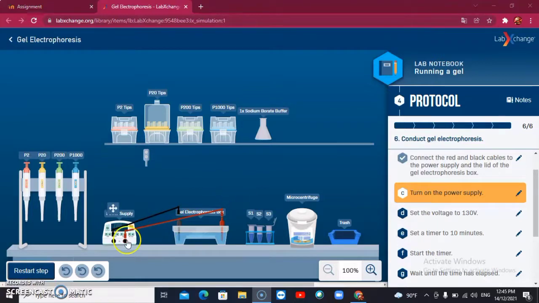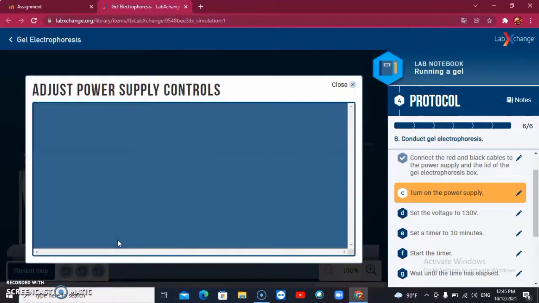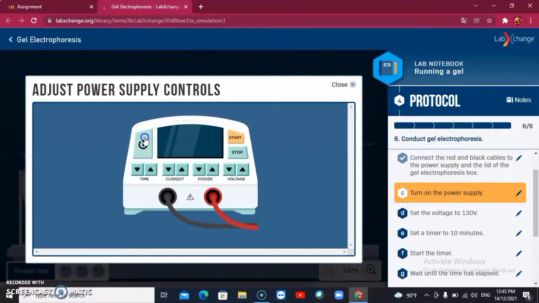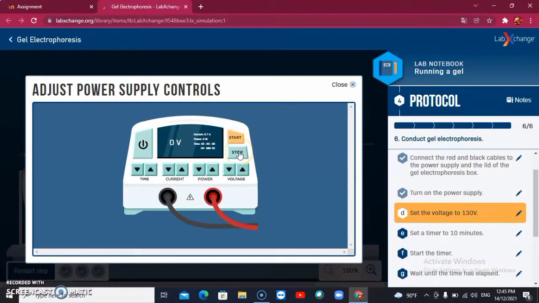Now turn on the power supply. Set the voltage to 130.